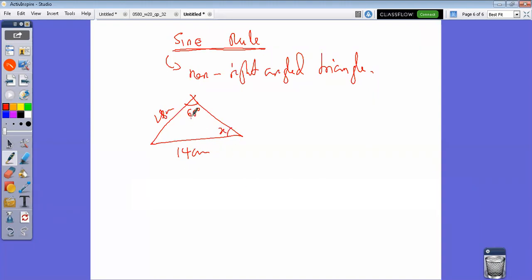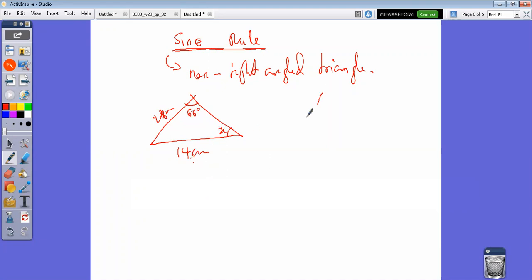Because I have a pairing, an angle and a side opposite the angle, and the angle that I want to find is opposite the other side, so it's to do with pairs. I can use the sine rule to find the angle.